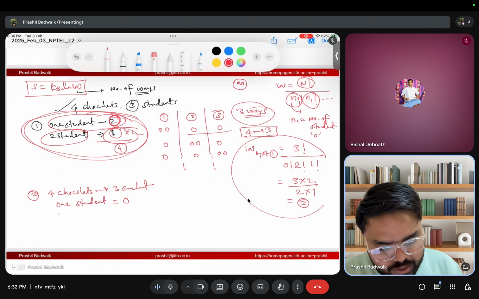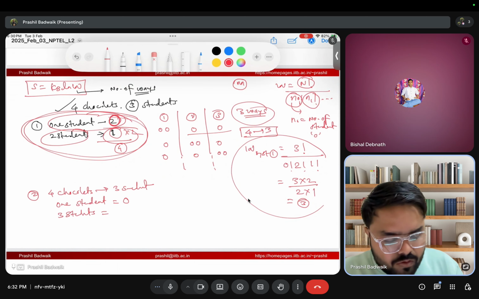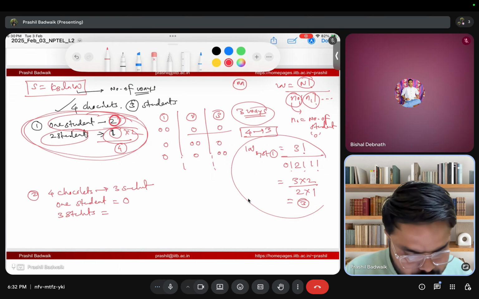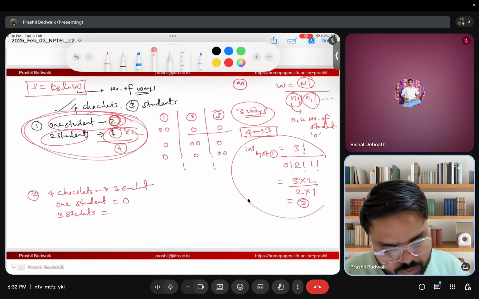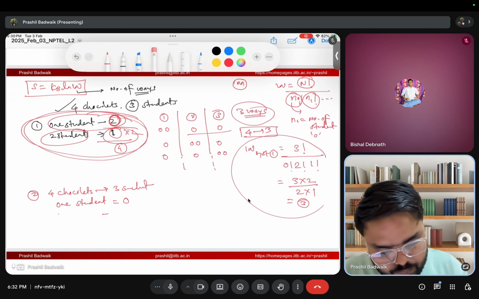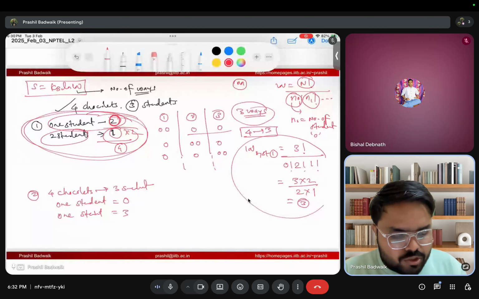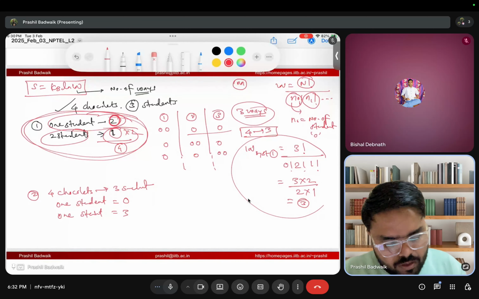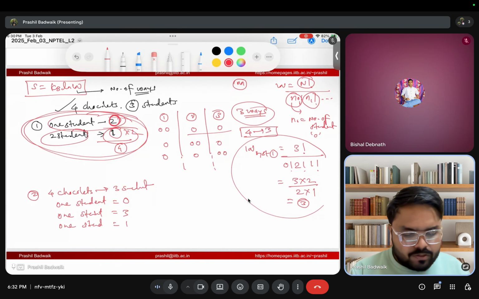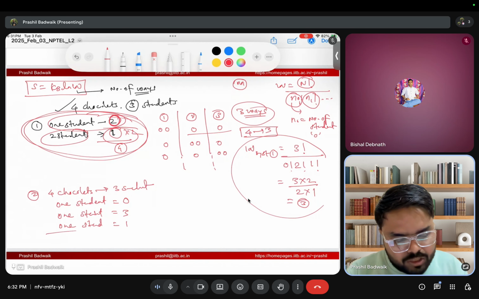So for example, one student with 3 chocolates and one student with 1 chocolate, right? So 1 into 0 1 total is equal to 4.